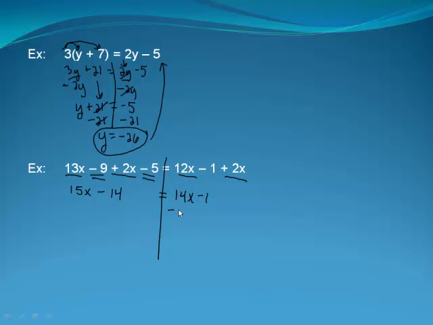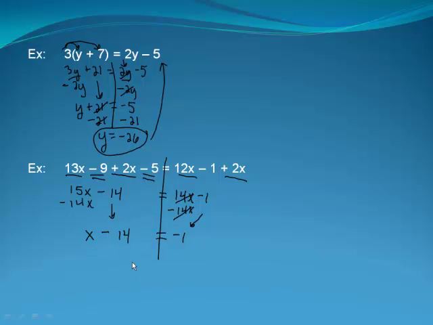So I'm going to move that positive 14x by subtracting 14x from both sides. 14x minus 14x is 0, and 0 minus 1 is just negative 1. My negative 1 is left. On my left-hand side, 15x minus 14x leaves me with 1x, or just x, and then that minus 14 is still there as well.